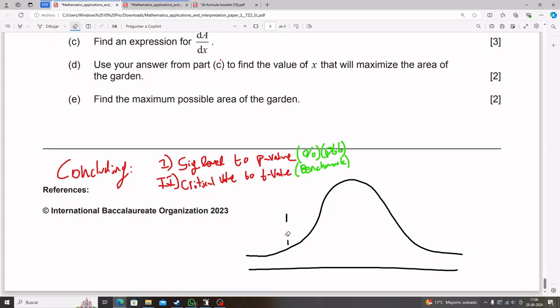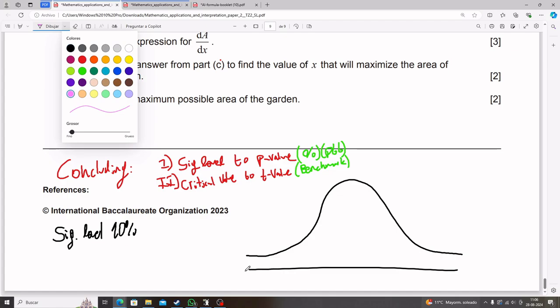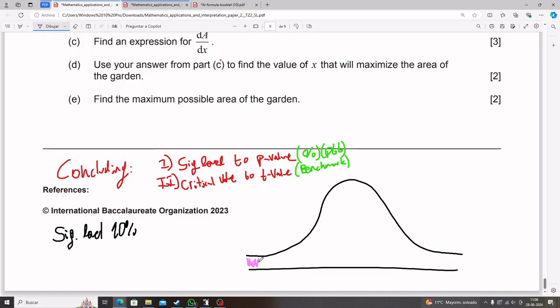So your significance level is 10%. So what you will do in theory is that you will count all of this area until you reach 10%. So you count the significance level until you reach 10%.